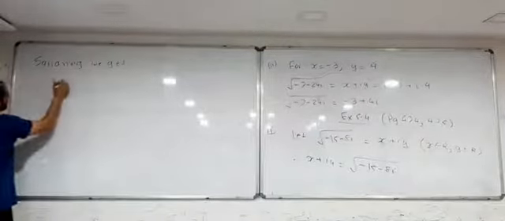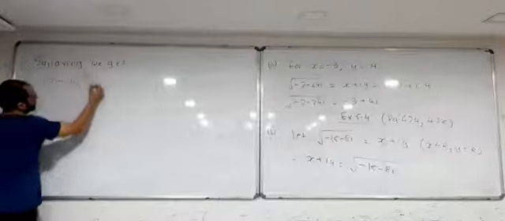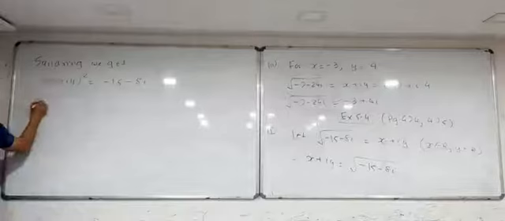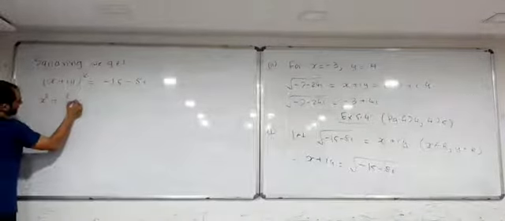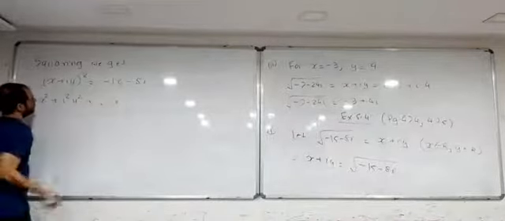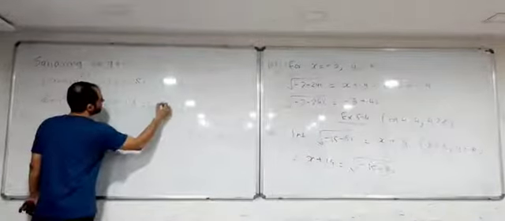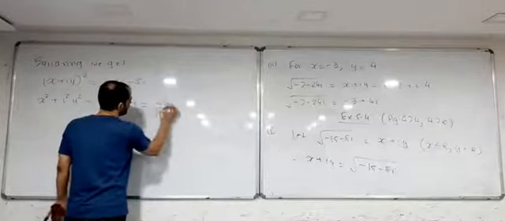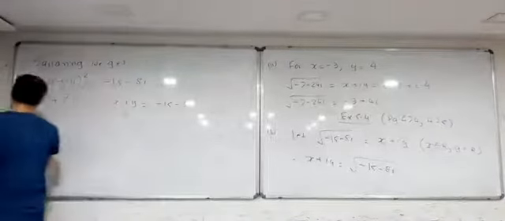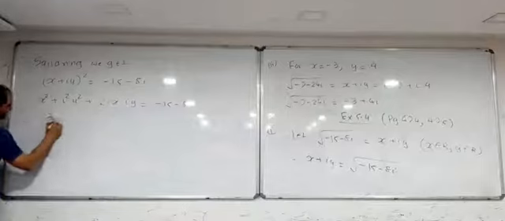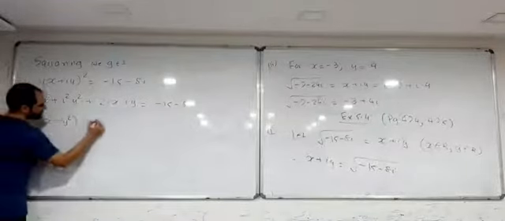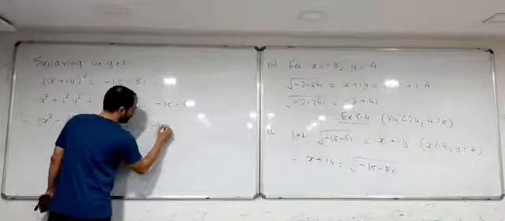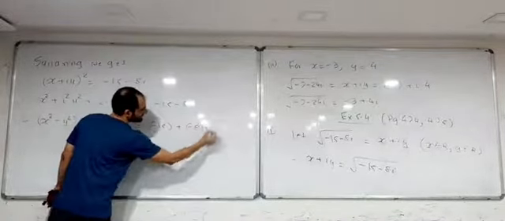Squaring, we get (x plus iy) the whole square is minus 15 minus 8i. So x square plus i square y square plus 2 into x into iy is equal to minus 15 minus 8i. I square is minus 1, so x square minus y square plus 2xyi is equal to minus 15 minus 8i.